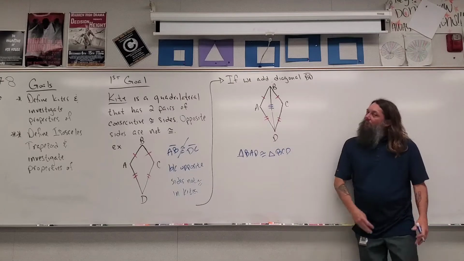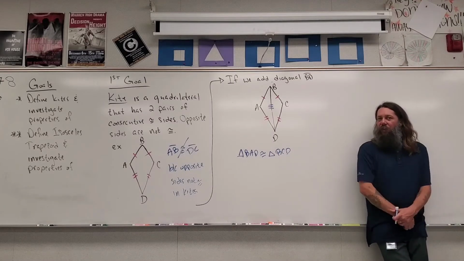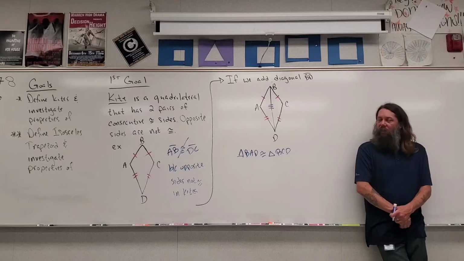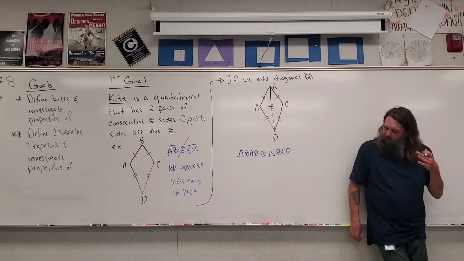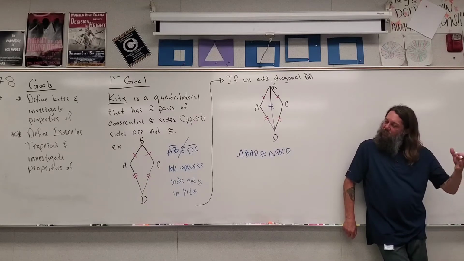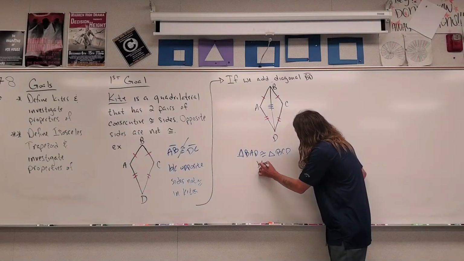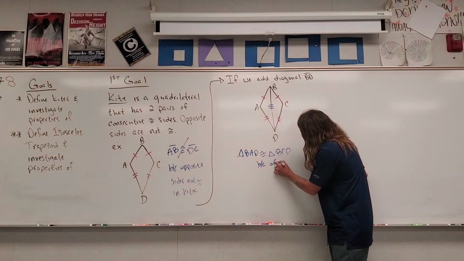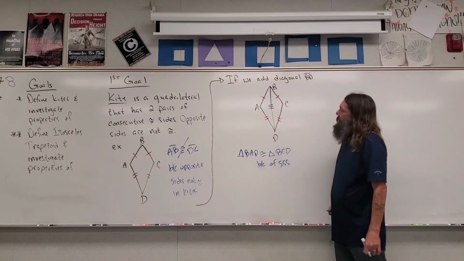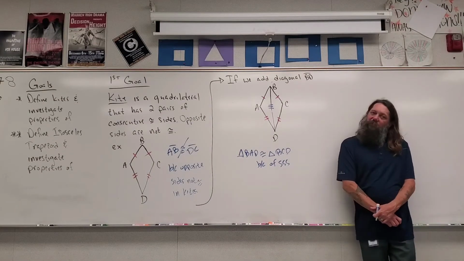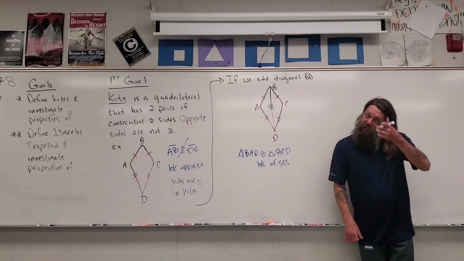All right, so again, we establish that we have congruent triangles, and then from there, we talk about what the corresponding congruent parts imply. All right, so these guys are congruent because of side, side, side.